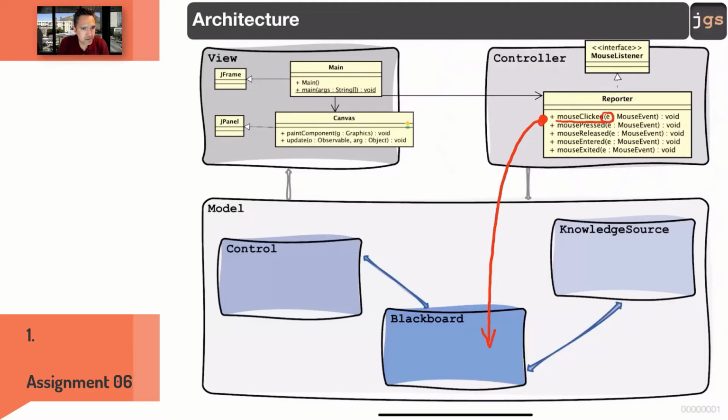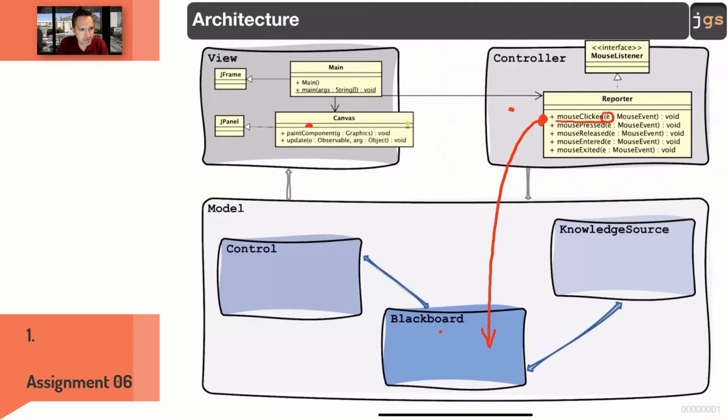Every time that the user makes a click in the panel, it notifies the listener, the listener has the information, and the listener should put the information in the Blackboard. That is what I am asking you to do.